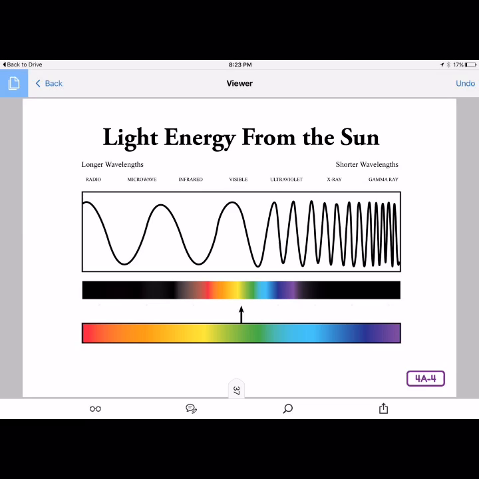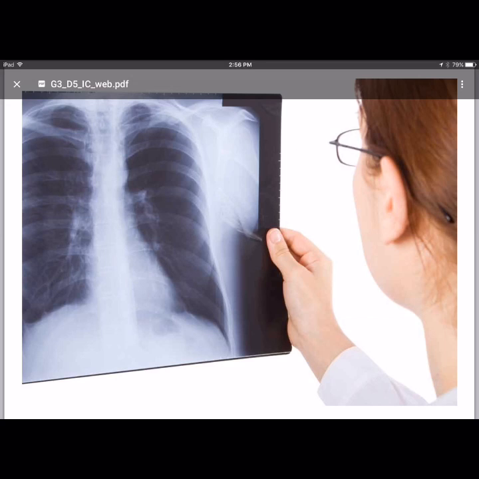If you said white light is all the colors we can see in visible light, red, orange, yellow, green, blue, indigo, and violet, you are correct. Now try this one. What type of invisible light was used to create this image? If you said X-ray, you're correct.